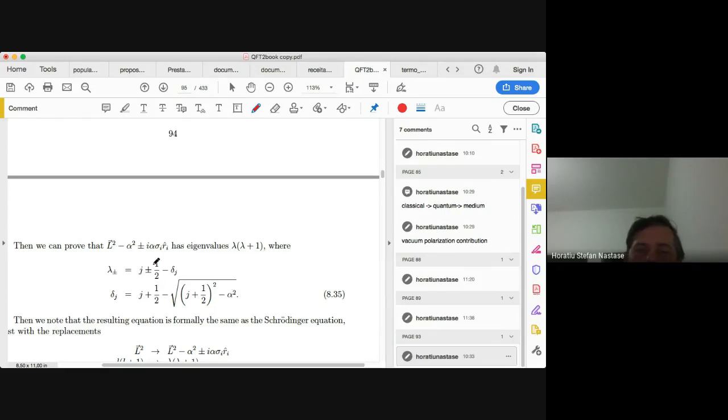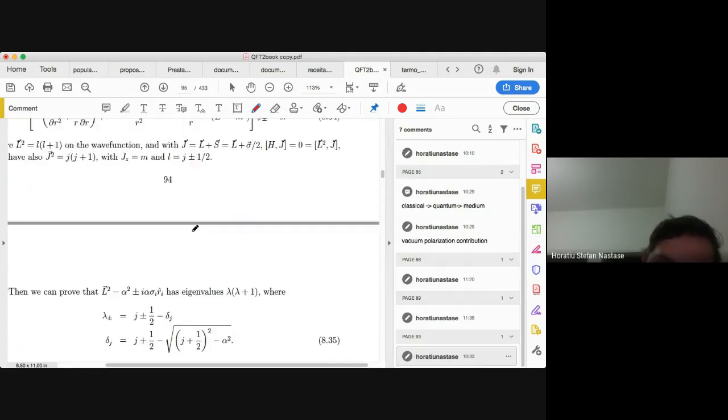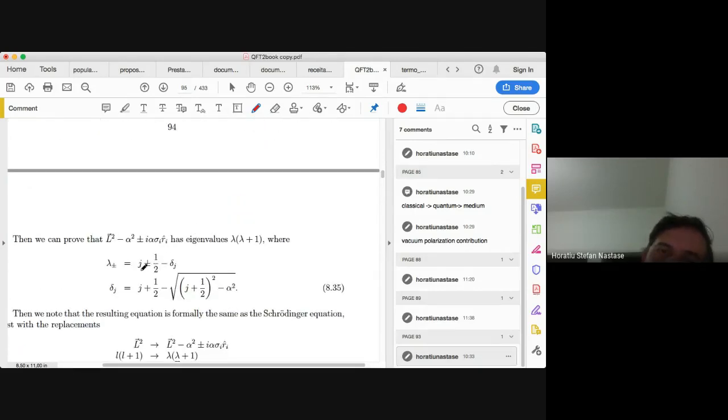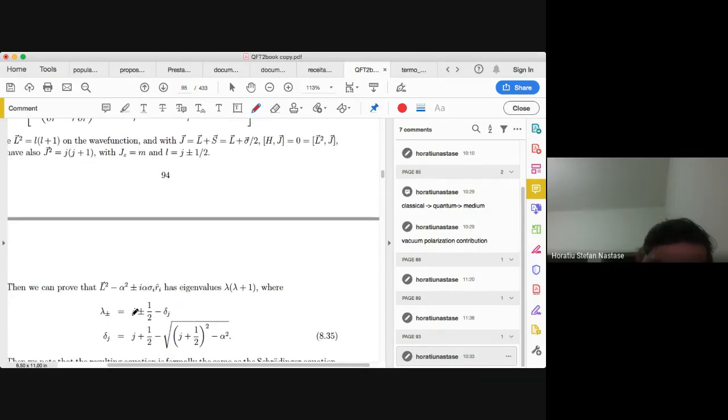And so the eigenvalues are lambda plus 1, and lambda corresponding to plus minus, meaning this plus minus, the relation between lambda and j, between L and J. So this would be L really, right?